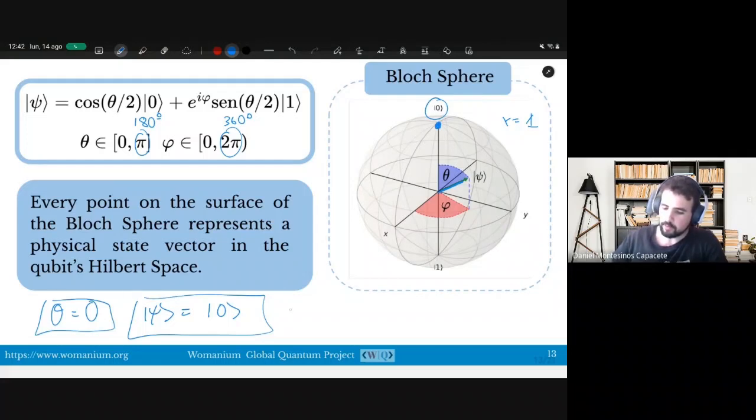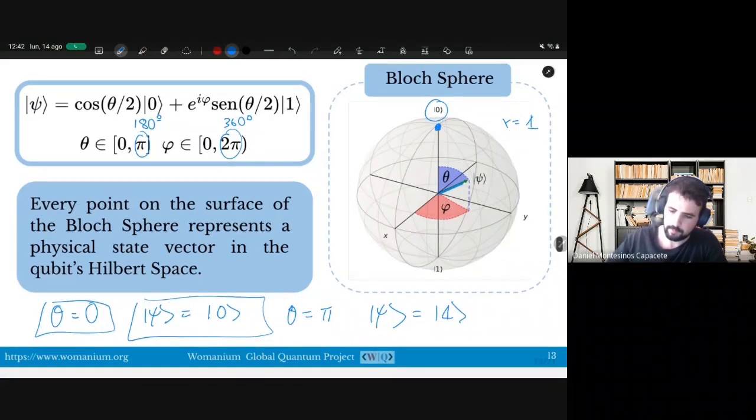For example, if you now take theta equals pi, the cosine of pi over 2 is just 0, and the sine of pi over 2 is just 1.